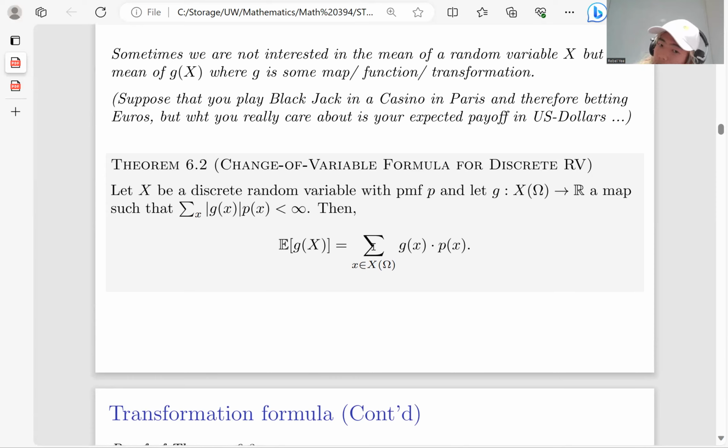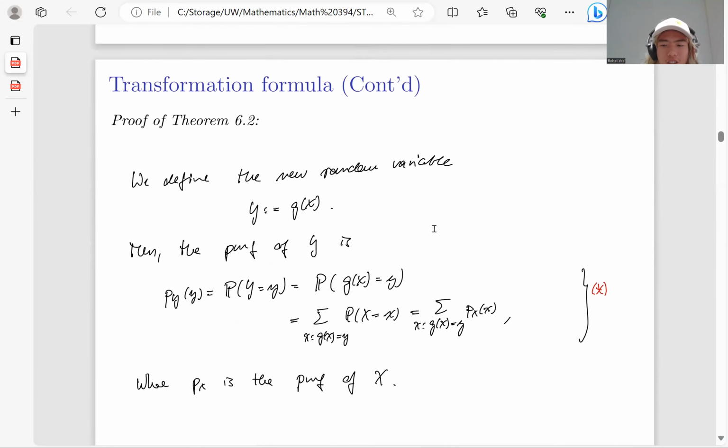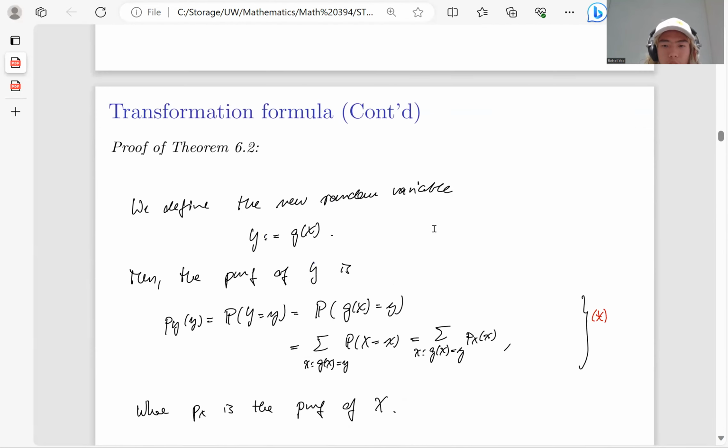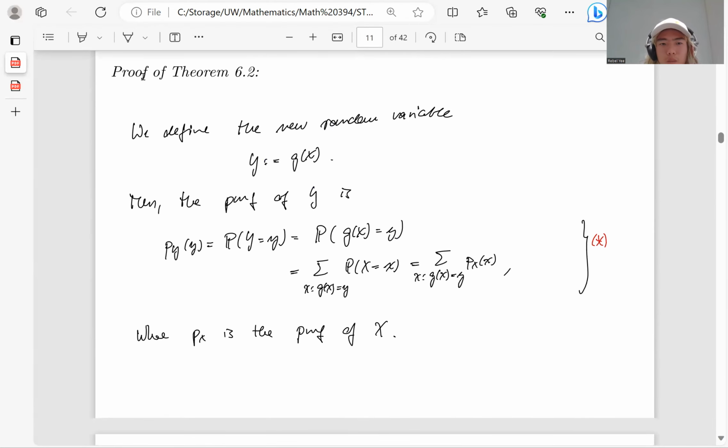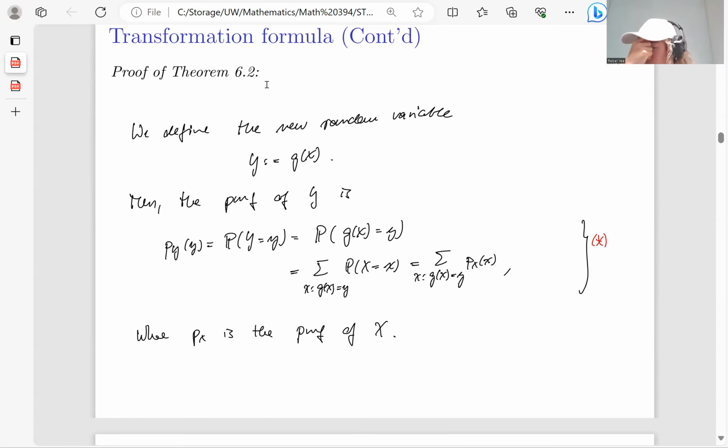It looks somehow familiar, because previously this was x and here is x, but now it's g(x), so it's just plugging another layer of function inside. It doesn't change. If you want to see the proof of that theorem, it's here, but I don't think it's very complex compared to the proofs we've done before.